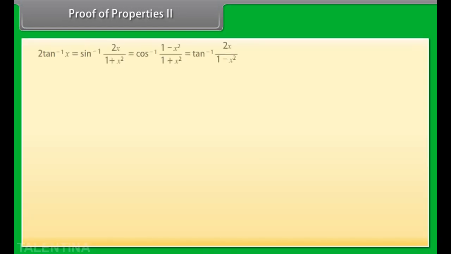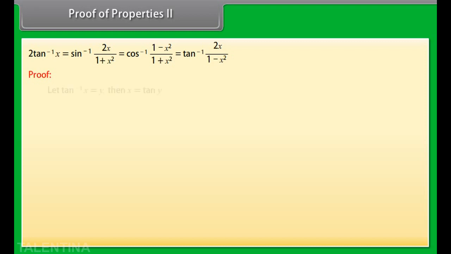Proof of properties 2. 2 tan inverse x is equal to sin inverse 2x by 1 plus x square, is equal to cos inverse 1 minus x square by 1 plus x square, is equal to tan inverse 2x by 1 minus x square. Proof. Let tan inverse x is equal to y, then x is equal to tan y.